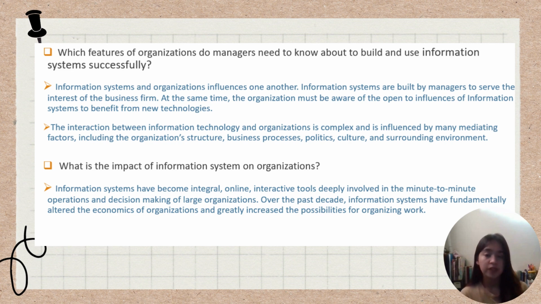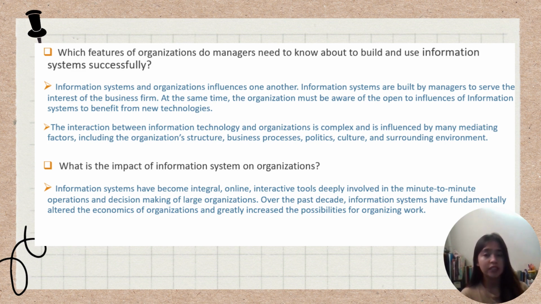At the same time, the organization must be aware of and open to the influence of information systems to benefit from new technologies. The other answer is that the interaction between information technology and the organization is complex and is influenced by many mediating factors, including the organization's structure, business processes, politics, culture, and surrounding environment.